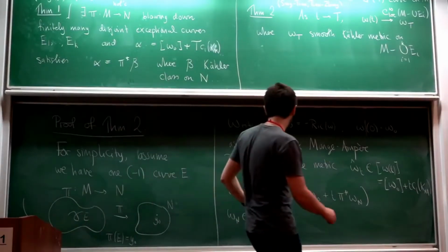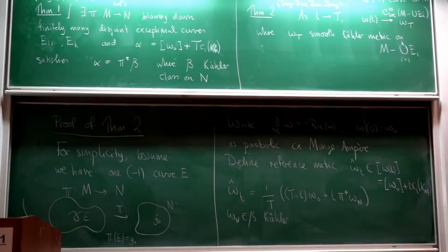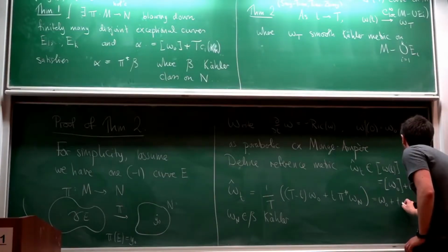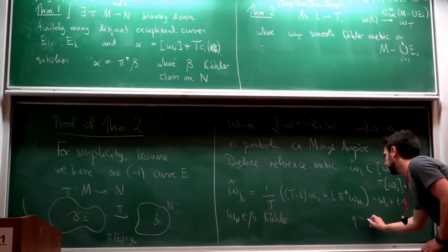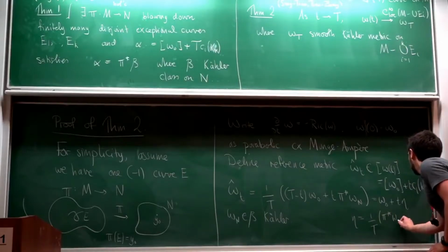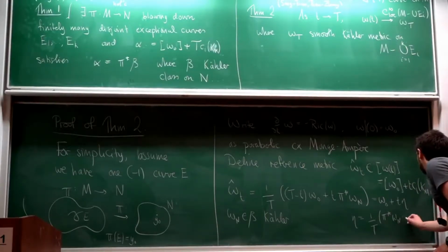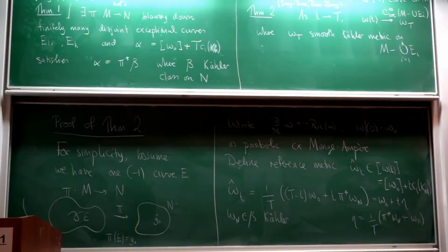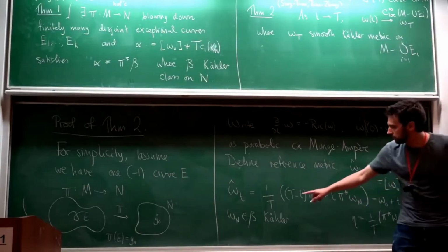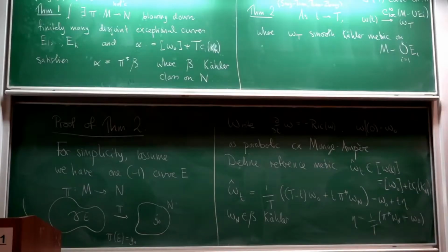Notice that I can rewrite this as omega naught plus t times eta, where eta is 1 over capital T times the pullback of omega n minus omega naught. Notice that these are really Kähler metrics for all t between 0 and capital T, because this is Kähler and this is non-negative, the pullback of a positive form. So as long as t is strictly less than capital T, this is a Kähler metric, and of course it degenerates as t goes to capital T.